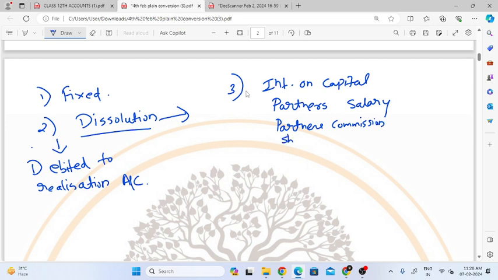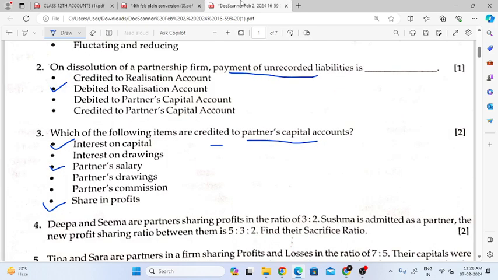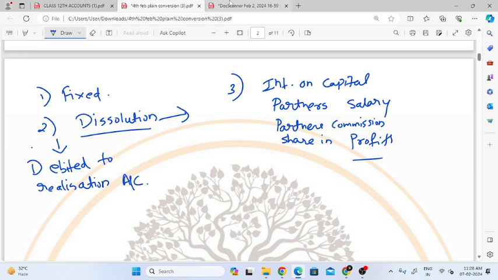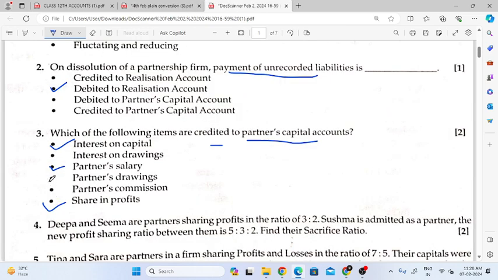These are the items that we credit to partners' capital account.